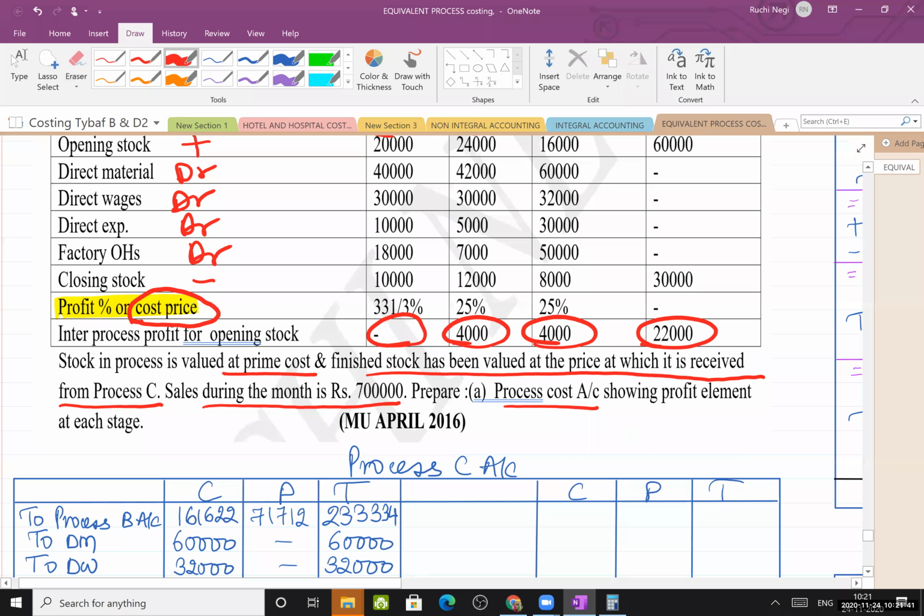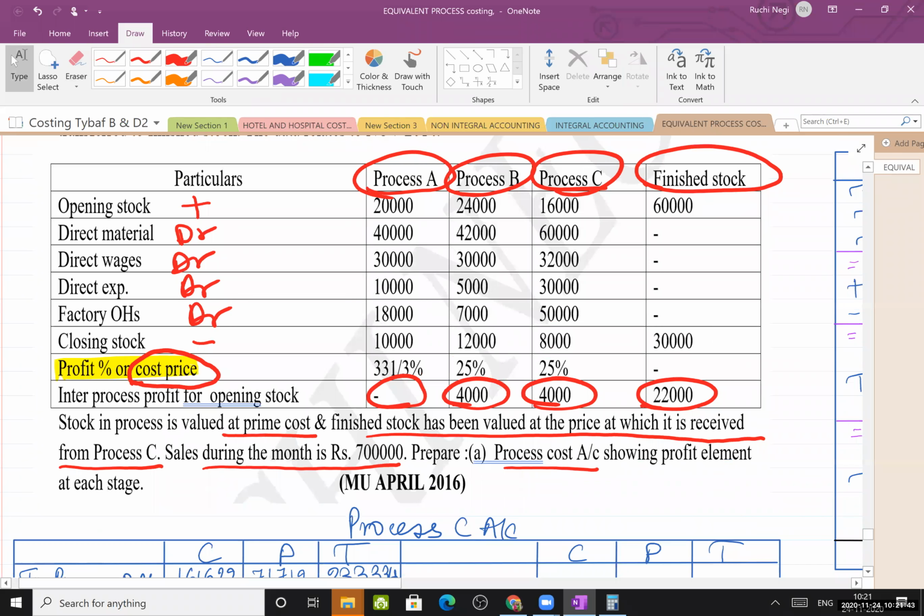Did you understand what is the difference between the first sum we did and the second sum? The difference is of profit percentage.